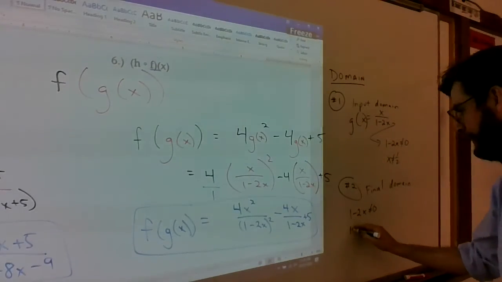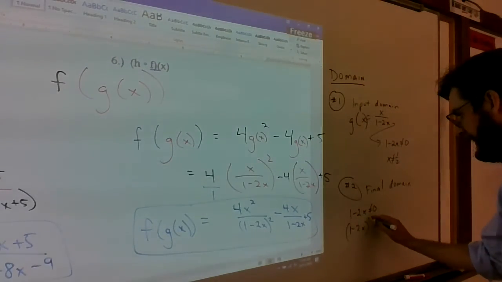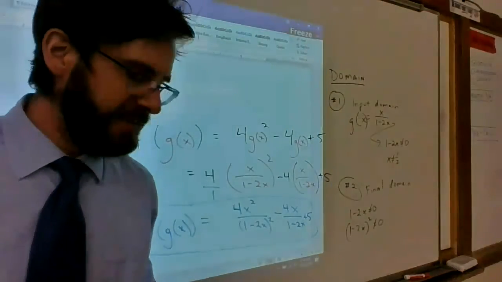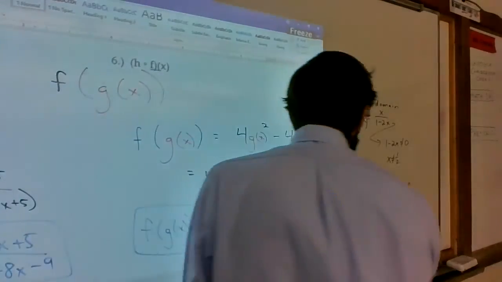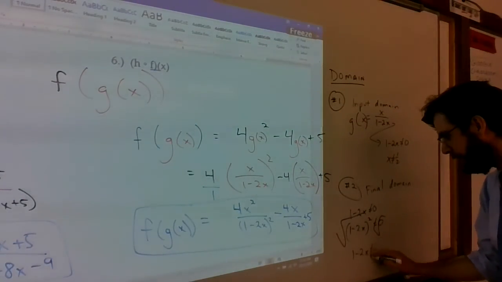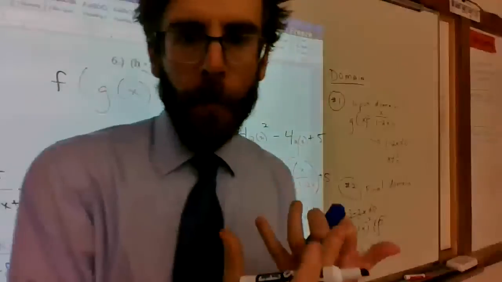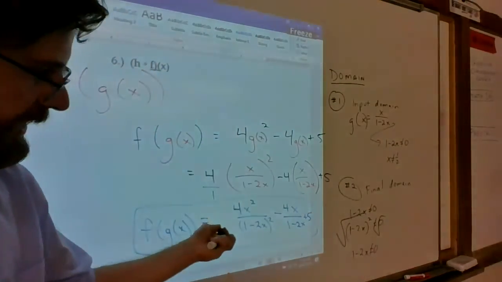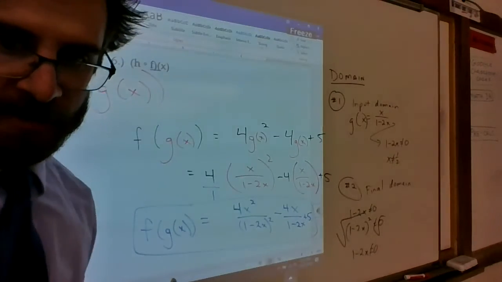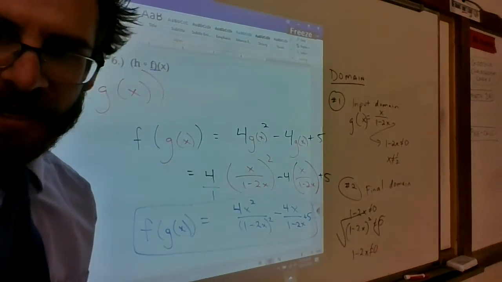And 1 minus 2x squared can't be 0. But here's the thing. Square root both sides, it's 1 minus 2x can't be 0 again. So there's no new domain issue based on what we get from our composite function. For a final answer, it's still x can't be 1/2.